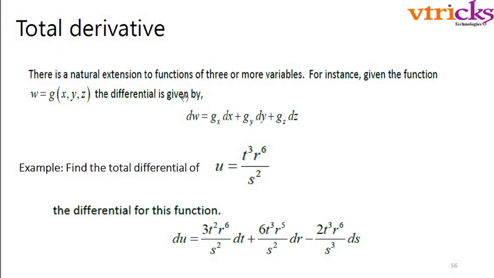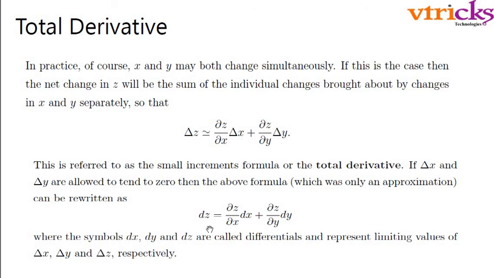Now we can naturally extend it to a function of three variables. So for instance, we have a function w, which is a function of three variables, x, y and z. Now what is the total derivative of w? Just take the analogy from the previous slide. Instead of dz, I have dw. Then I will take the partial derivative of w with respect to x into the change in x.